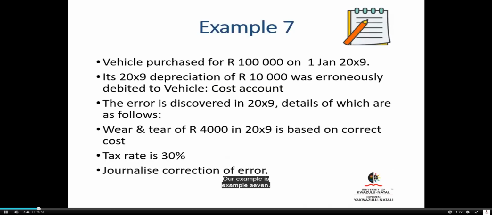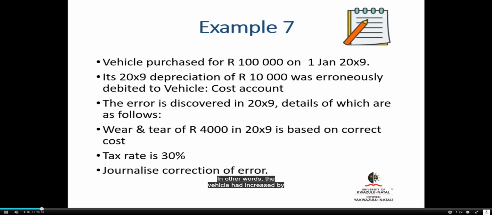So our example is example 7. The company purchases a vehicle in this example on 1st January 2019. The vehicle that was purchased on this date was depreciated, and its depreciation was 10,000. But this depreciation was erroneously debited to vehicle.